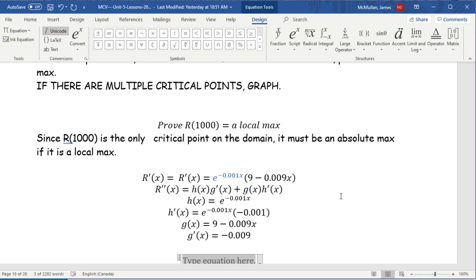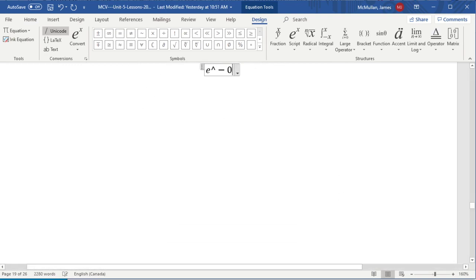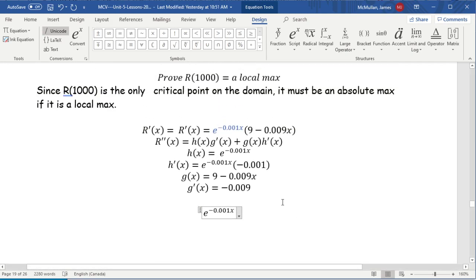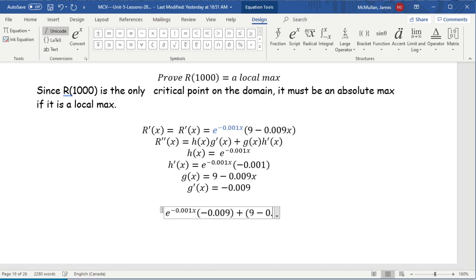Let's make the derivative now. So I start with h, then I do g prime, and then I add g, and then I do h prime.